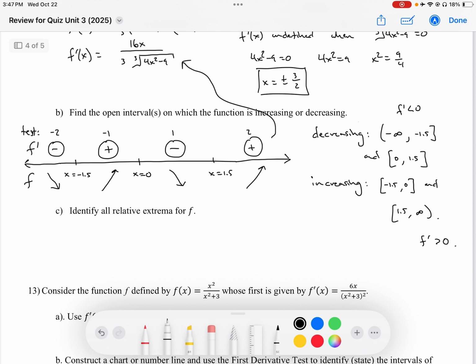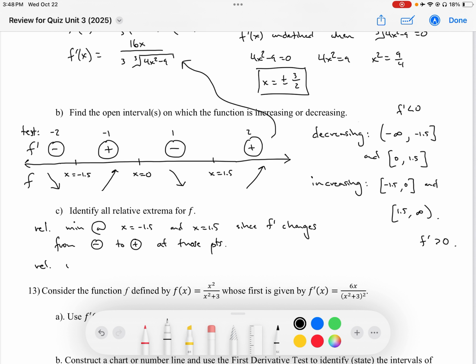Okay, so relative extrema for f, we would have a relative min at x equals negative 1.5 and x equals 1.5, right? Since f prime changes from negative to positive at those points.